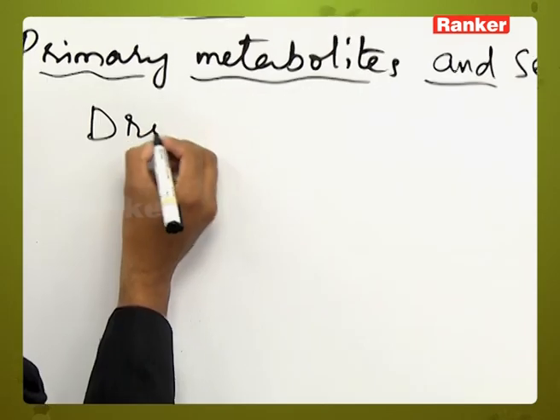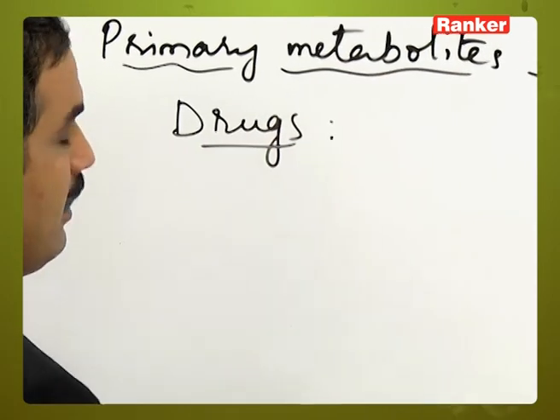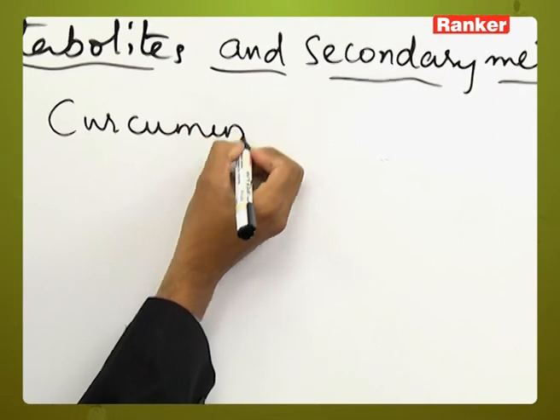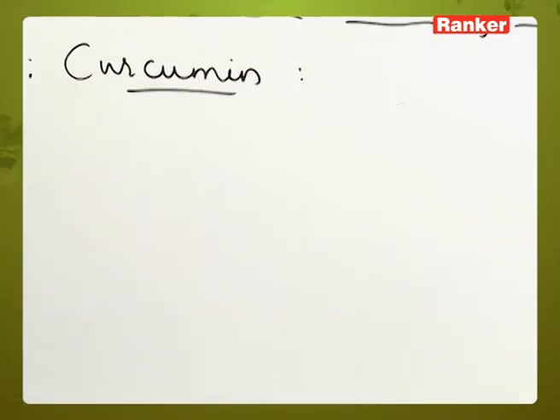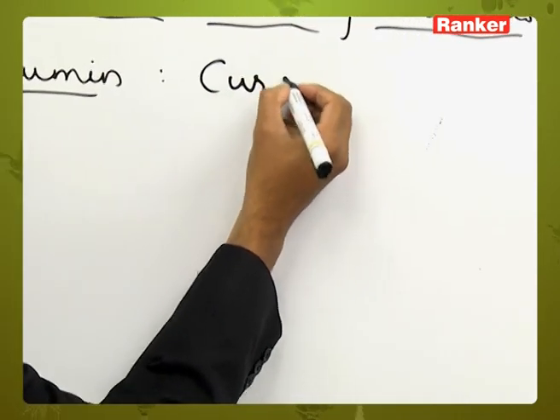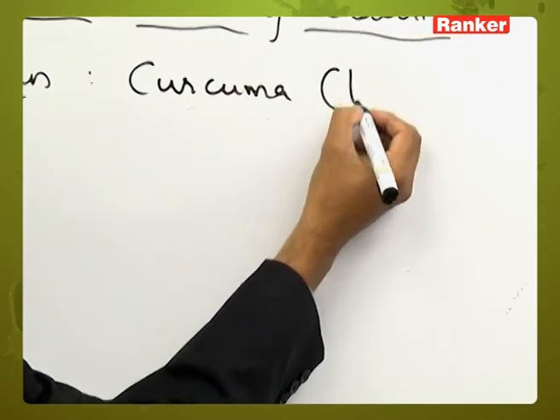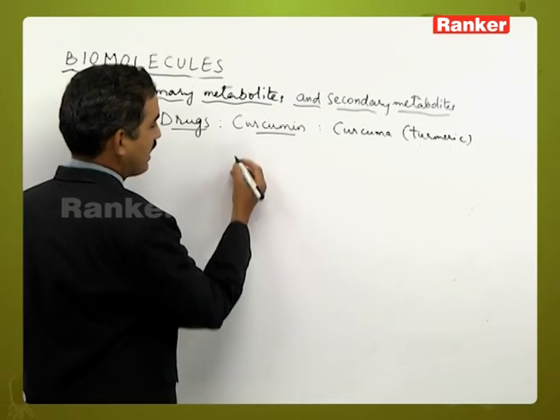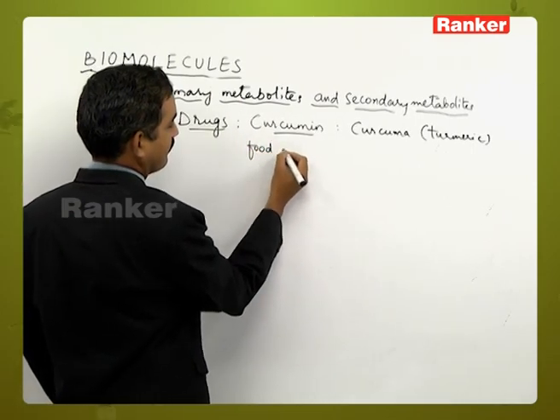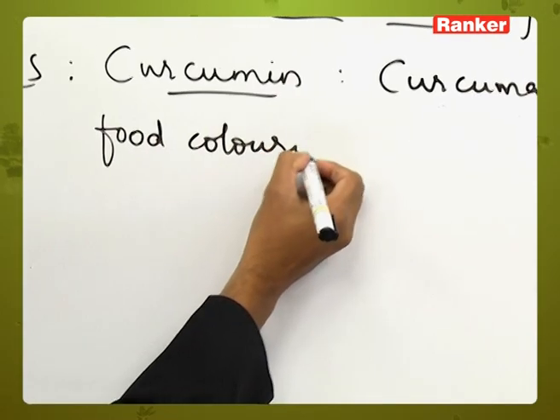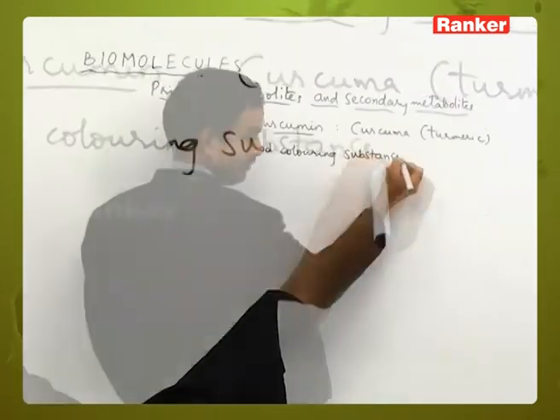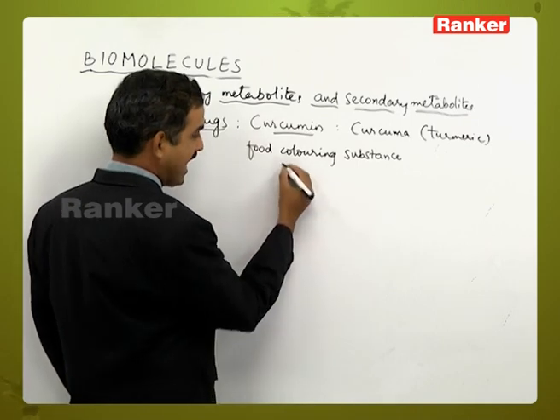Drugs, like curcumin. Curcumin is extracted from Curcuma longa or the curcuma plant, that is turmeric. This is used as a food coloring substance and also a food additive.